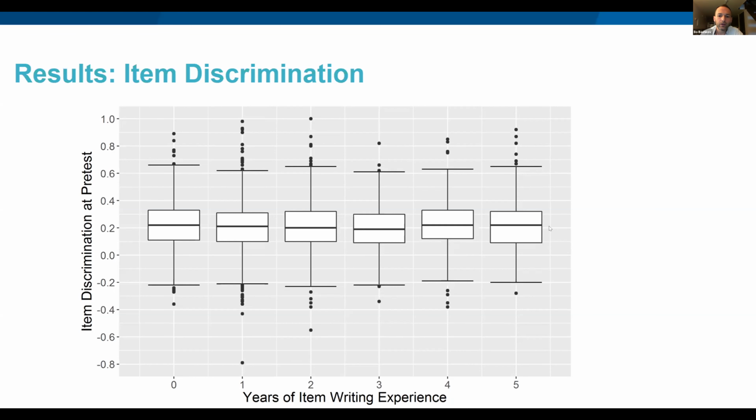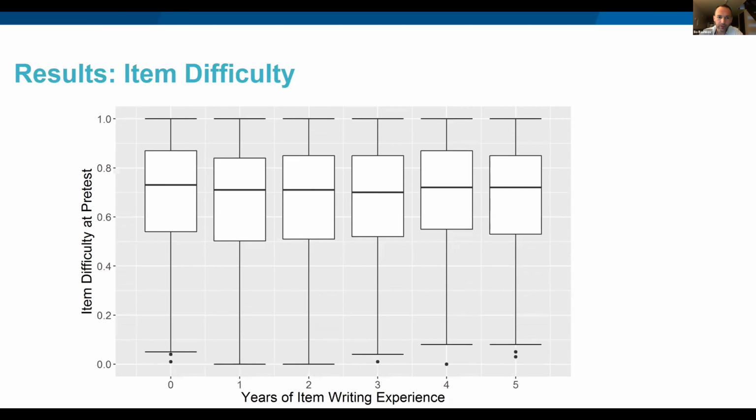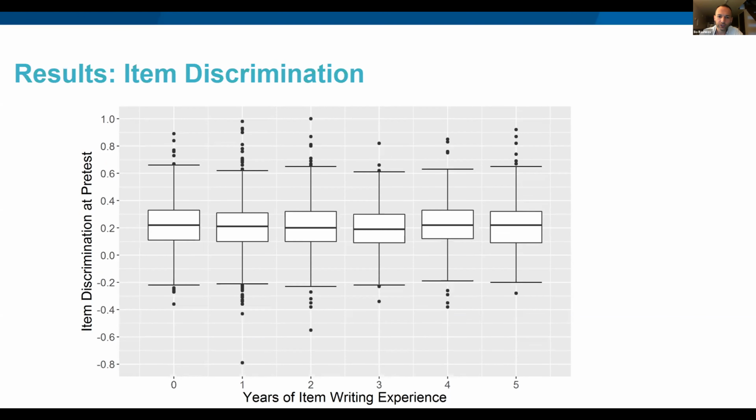The fact that the median in each box plot and the quartiles largely overlap indicates that item discrimination was fairly consistent across years of item writing experience. Same was true for item difficulty. As you can see, they look very much alike across years of item writing experience. Both of these indicate that with additional years of item writing experience, we're not observing any systematic differences in item difficulty or item discrimination.